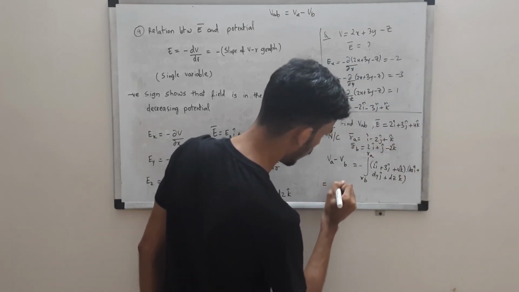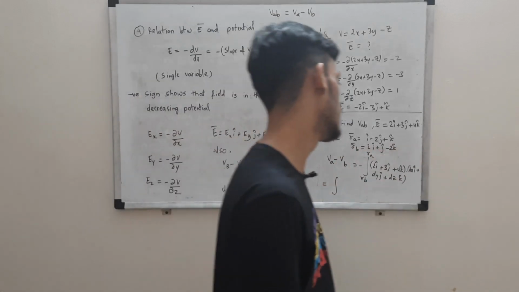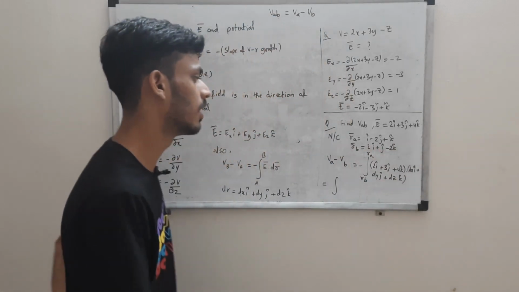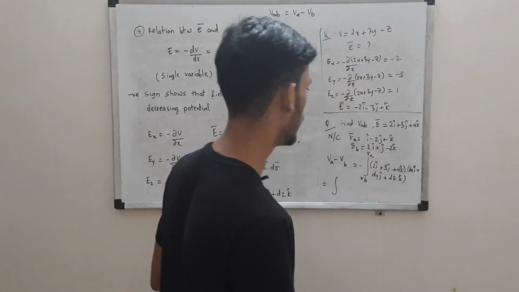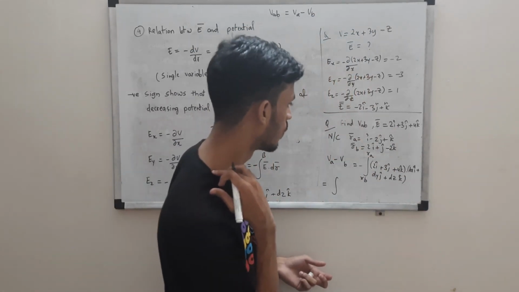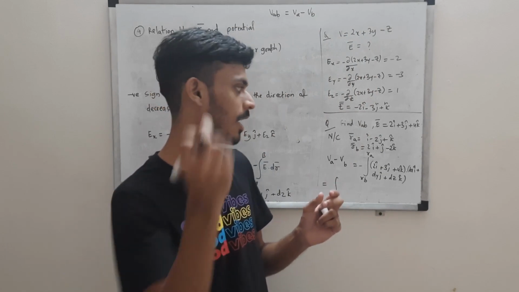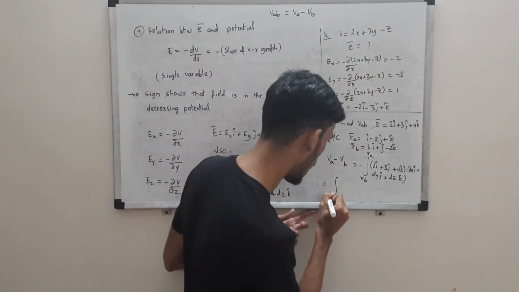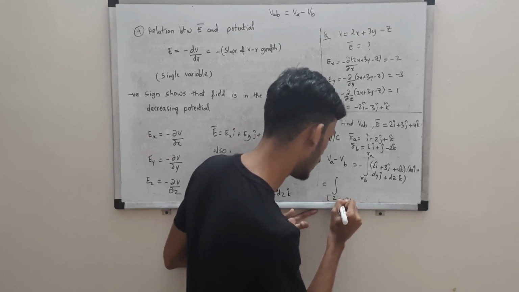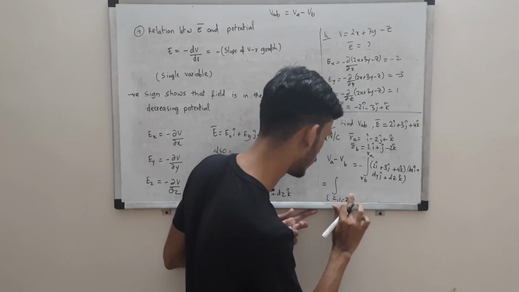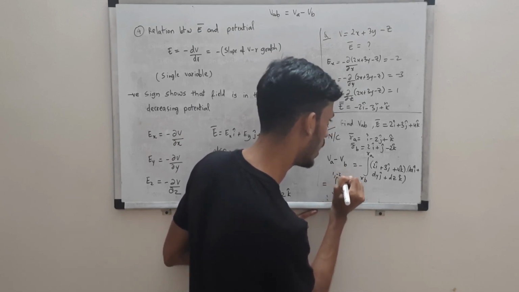So here you will obtain VA minus VB as, now RA and RB, you just place the components. Since we are going to obtain this as a scalar, right? That will give you the x, y, z from this x to that x. So here if you see RB is 2, 1, minus 2, and we are moving from this coordinate to 1, minus 2 and 1.